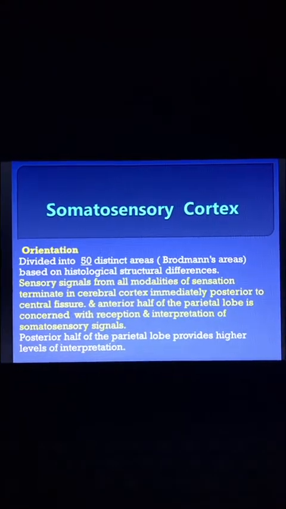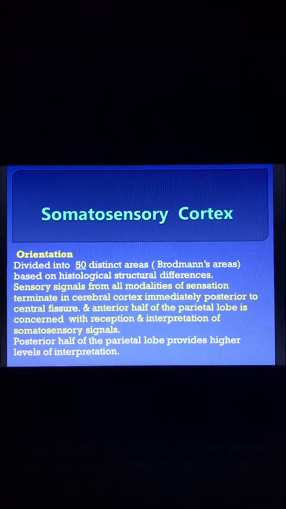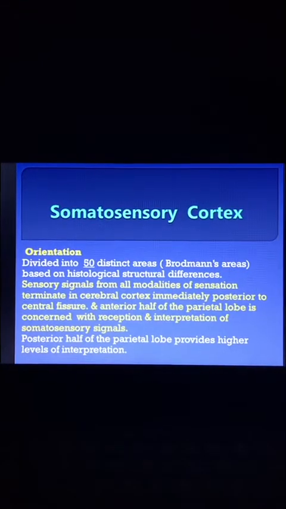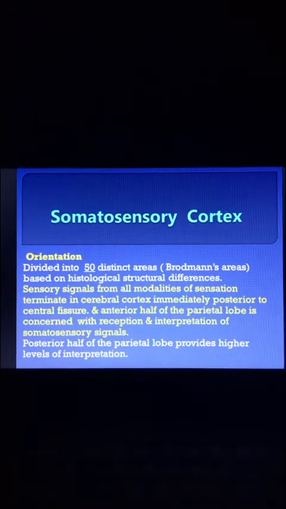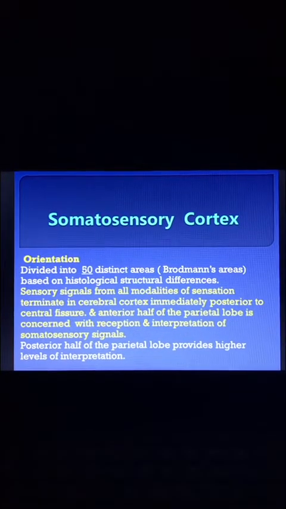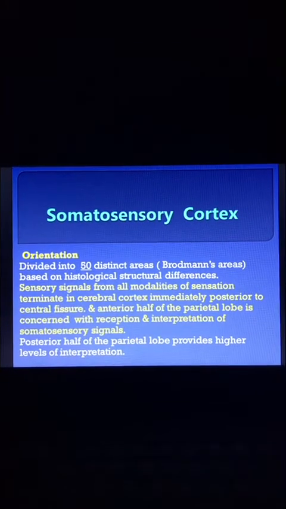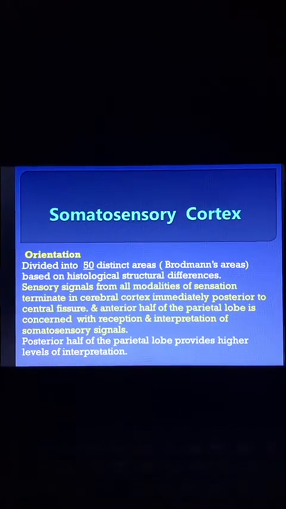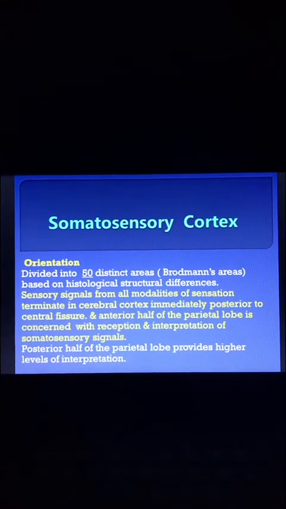Now we are reaching the somatosensory cortex. The information reaches the somatosensory cortex, the cerebral cortex. The cortex is divided into 50 distinct areas called Brodmann's areas, according to histological structural differences.